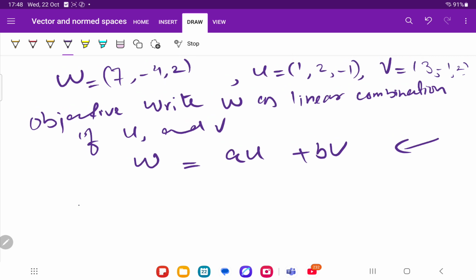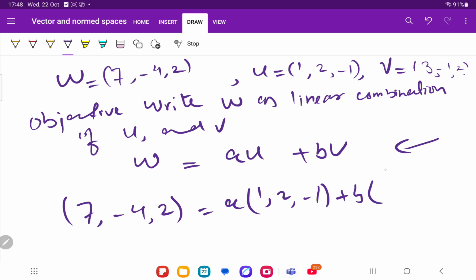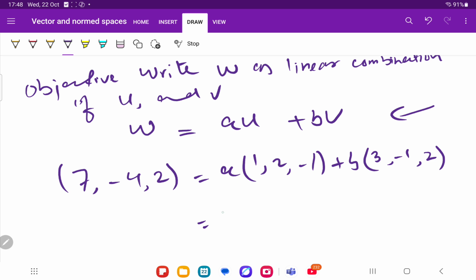Now we simply put all these values here. 7, minus 4, 2 is equal to a times u, which is 1, 2, minus 1, plus b times 3, minus 1, 2. When a number is multiplied by a vector, the number is multiplied to each element.